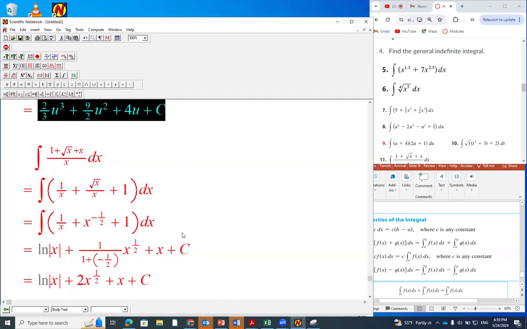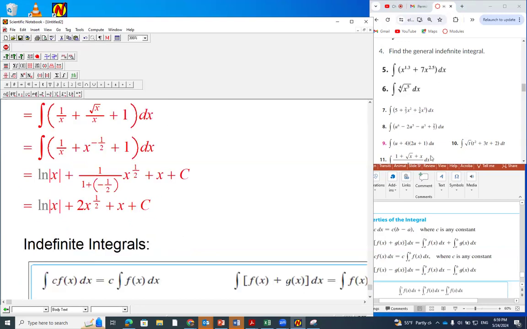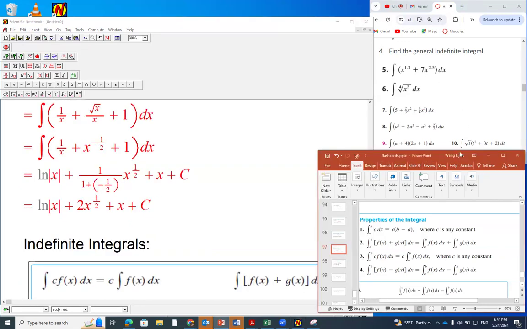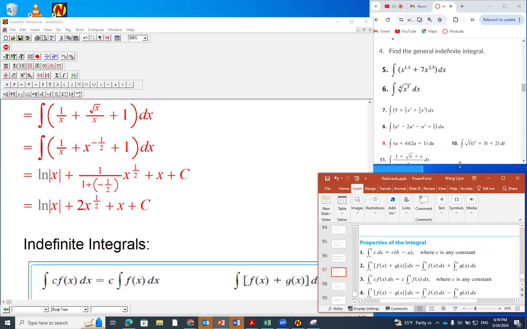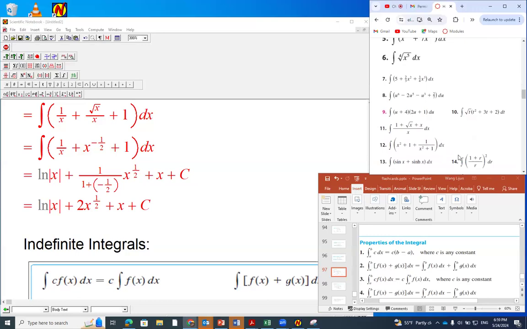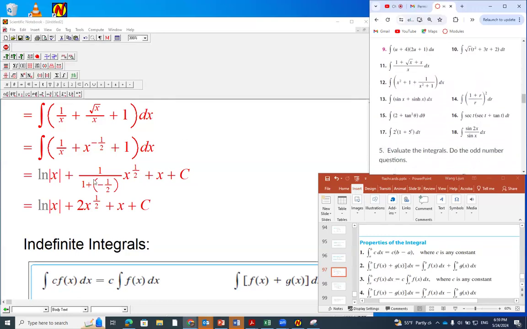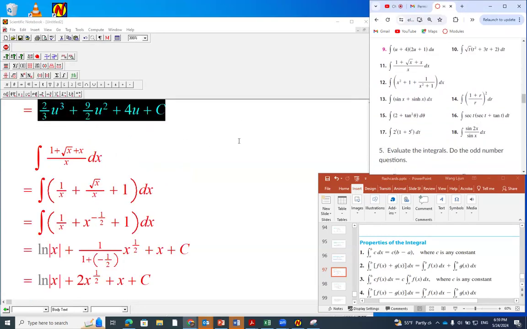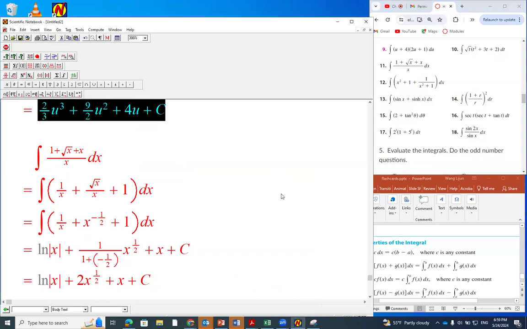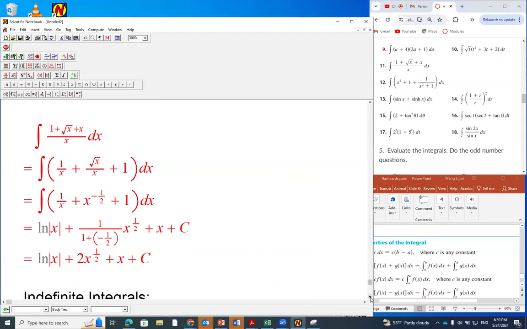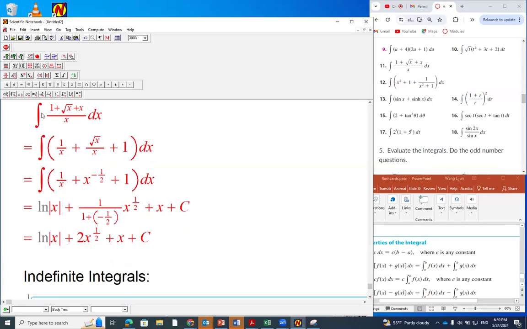Okay? And the third example we did here is this one right here. Okay, the number 11 right here. In this case, as we just said, there's no quotient rule, no product rule.